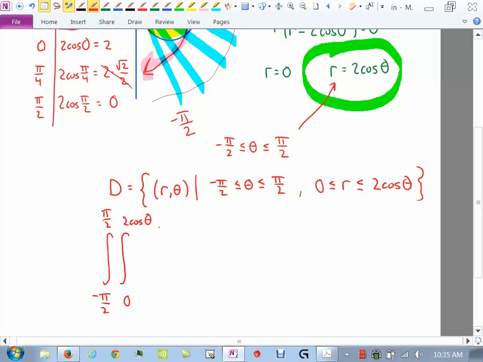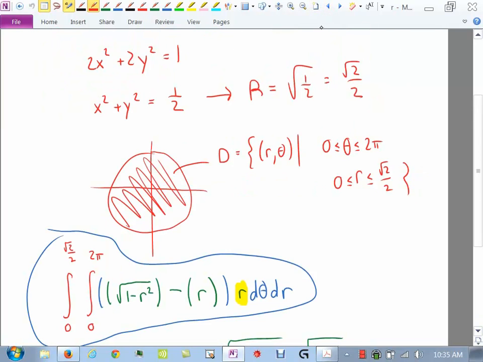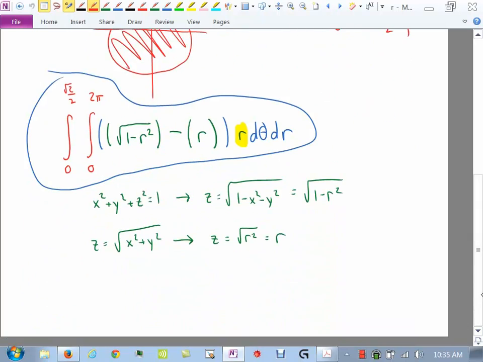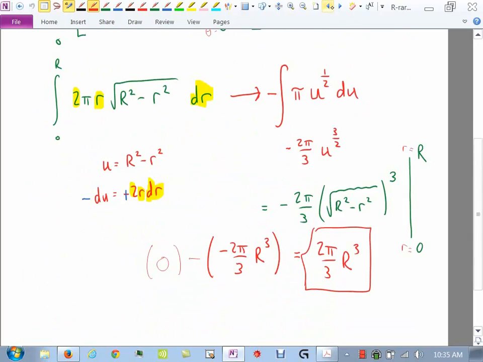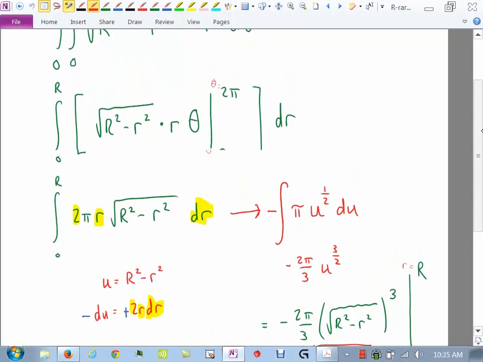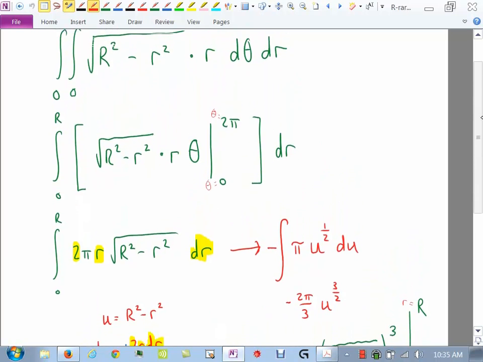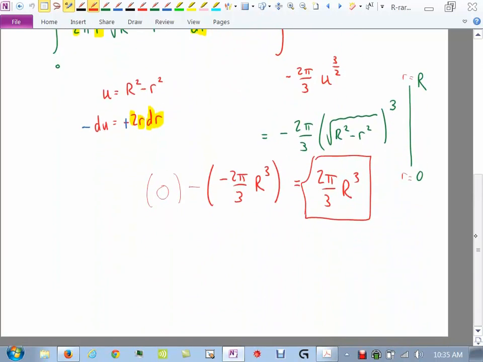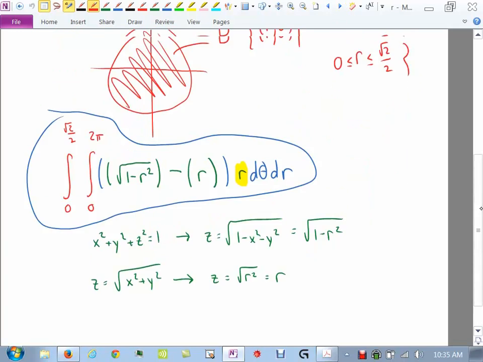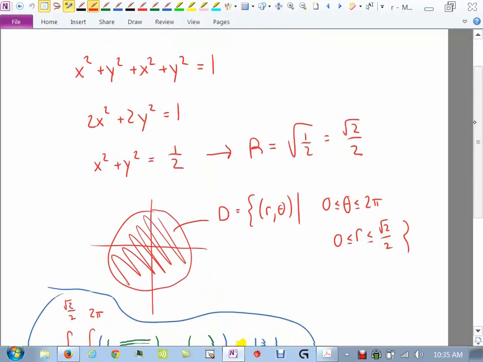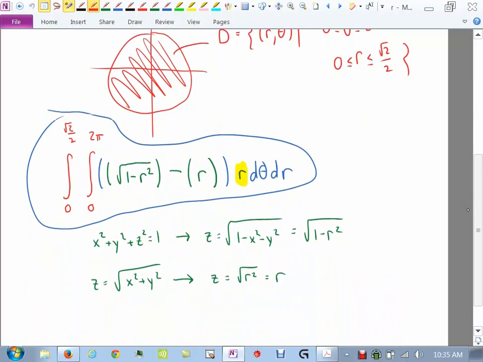And then I have in here the surface, which is just the top part of the sphere. Let me go back and double check my sphere. We're using capital R for the radius of our sphere. I'm a little lost because I don't know what I did on this problem.